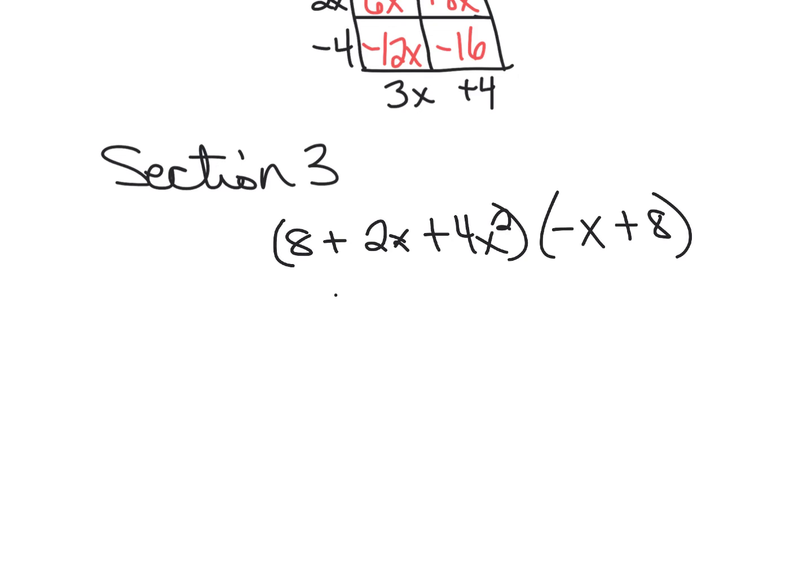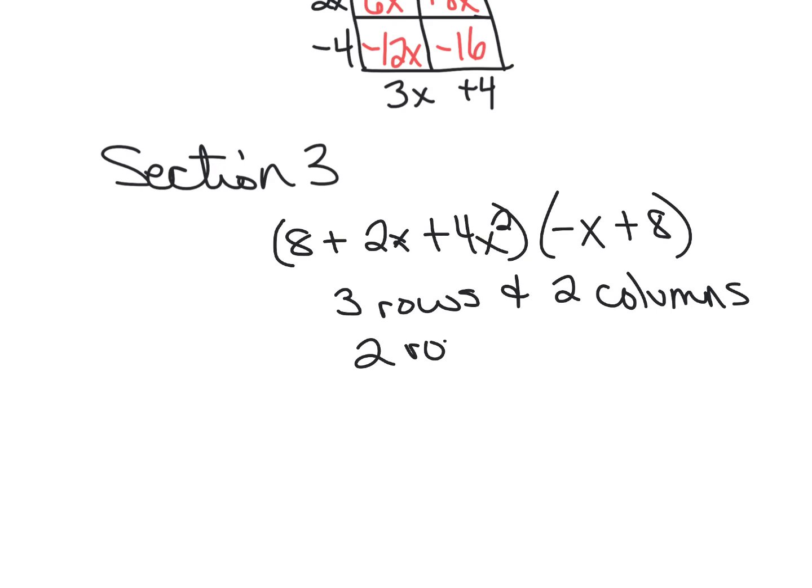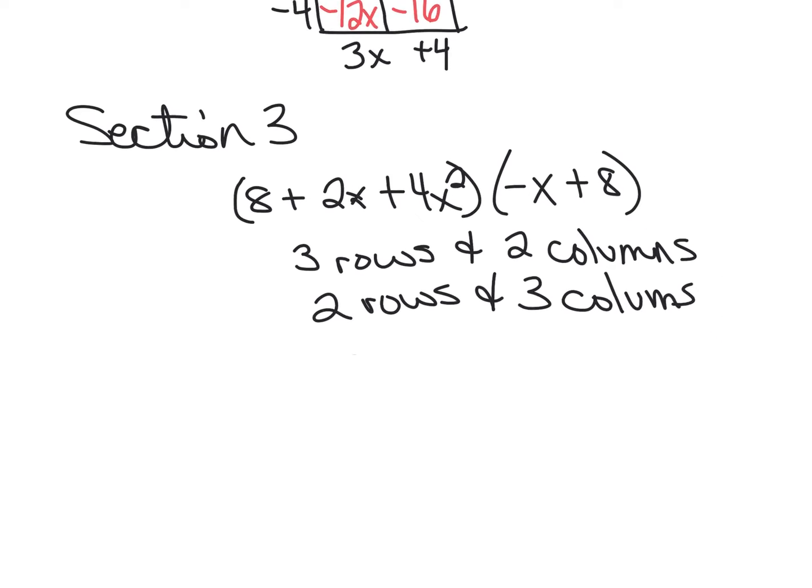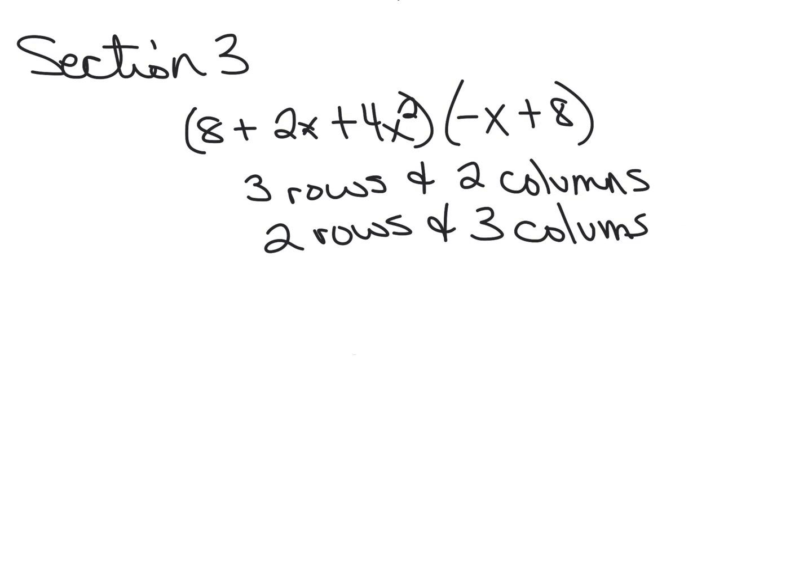So you can have 3 rows and 2 columns, or you could do 2 rows and 3 columns. Doesn't really matter. I usually do the smaller one on the side and the longer one across the top. So for this problem, I put 2 rows and 3 columns.